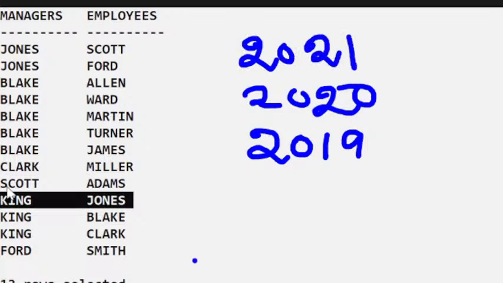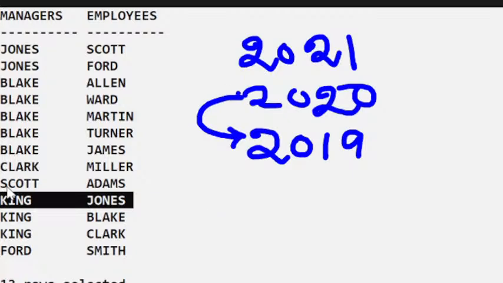2021. Now these are the students. Can I say 2020 students are juniors of 2019? Is it correct? 2020 batch students are juniors for 2019 people.